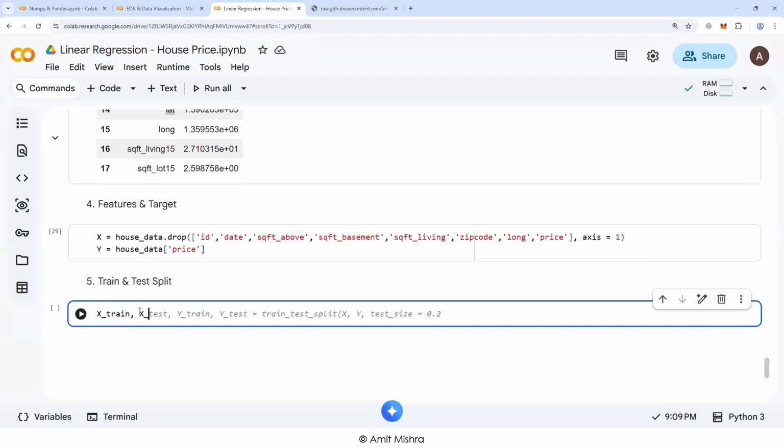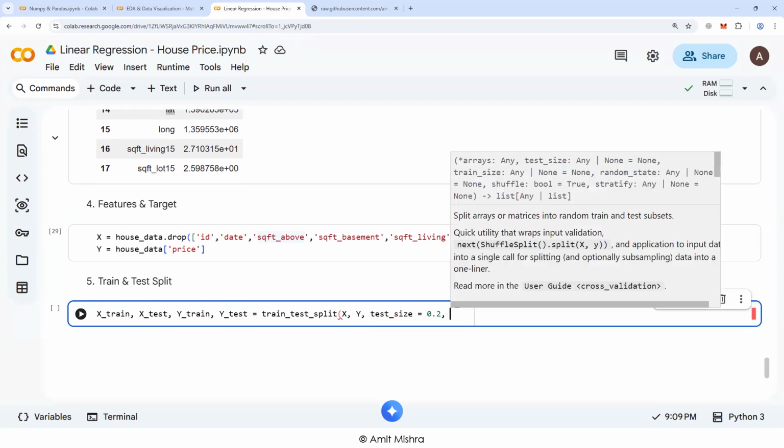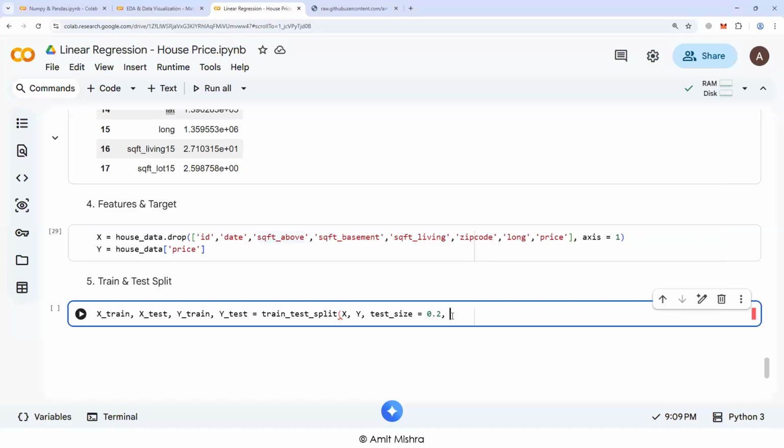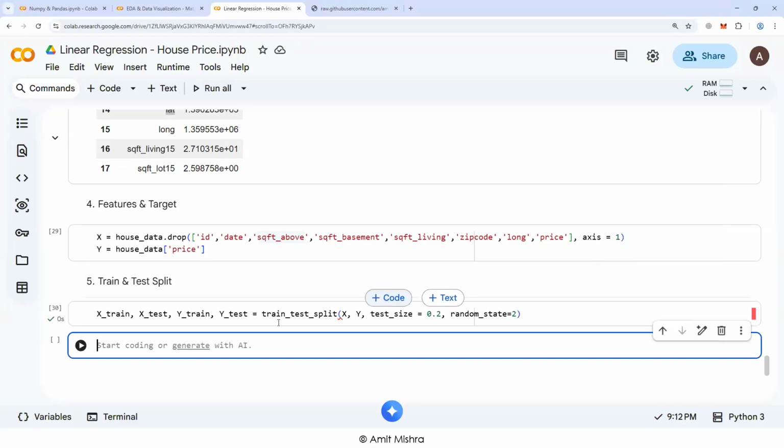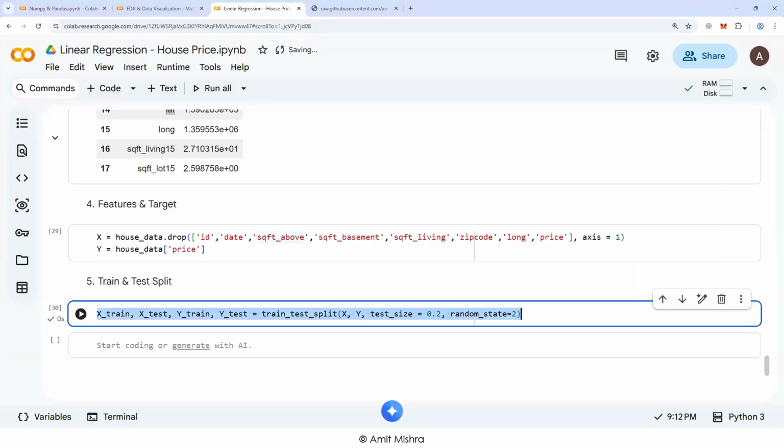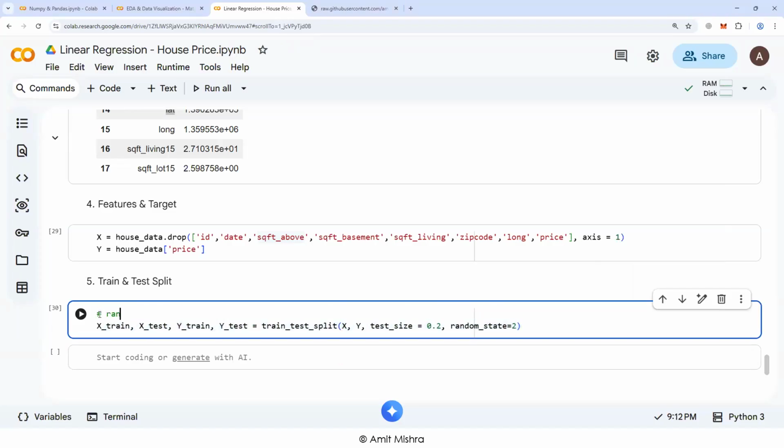X train. We start with random state equals 2. We split the data into train and test. In this, we get a random sample, a random state as well.